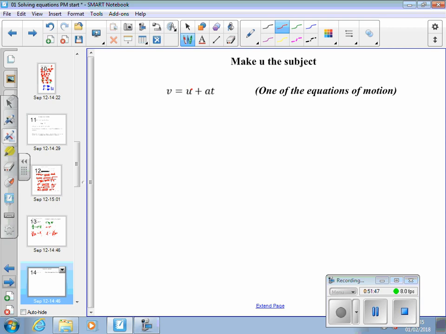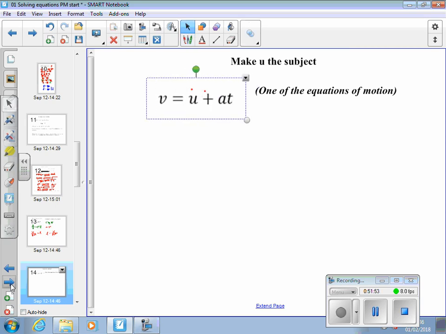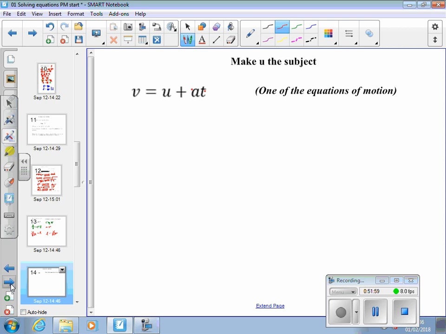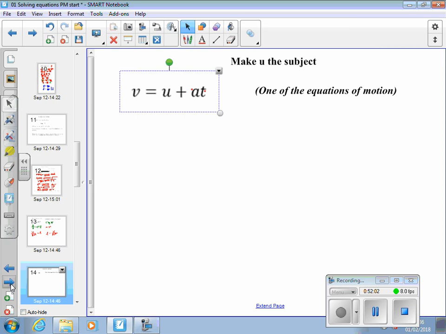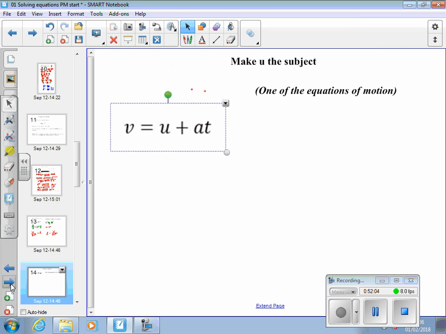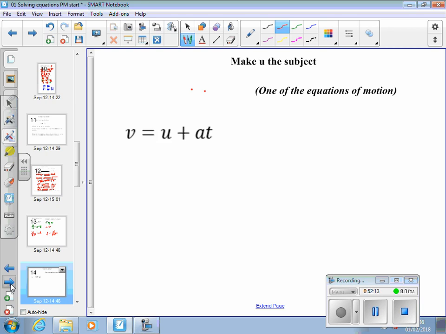Right, this one is one of Newton's equations of motion: V is equal to U plus AT, making U the subject of this. What are we going to do first? Subtract AT, yeah.